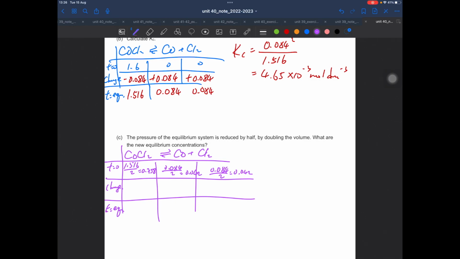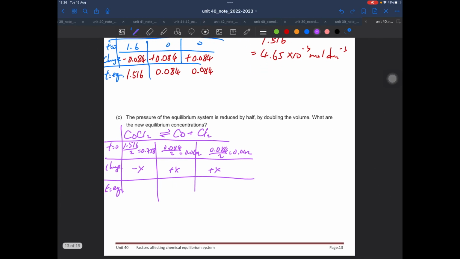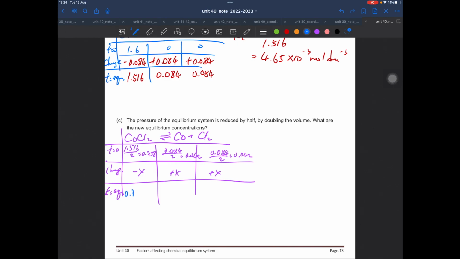So we can expect with more space, because pressure decreases, right? We should move to the product side, which has more molecules. So this should be increase, increase, and decrease. This is expected.